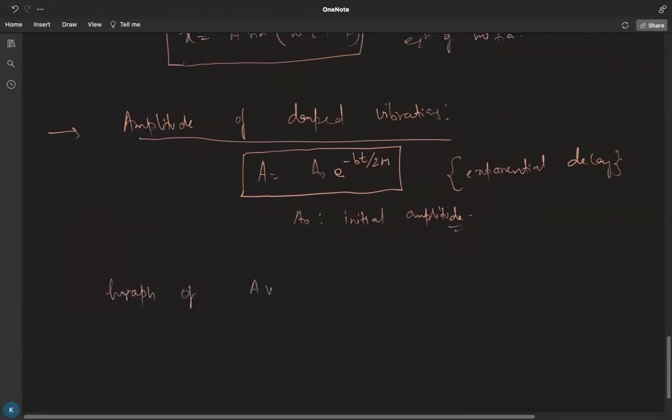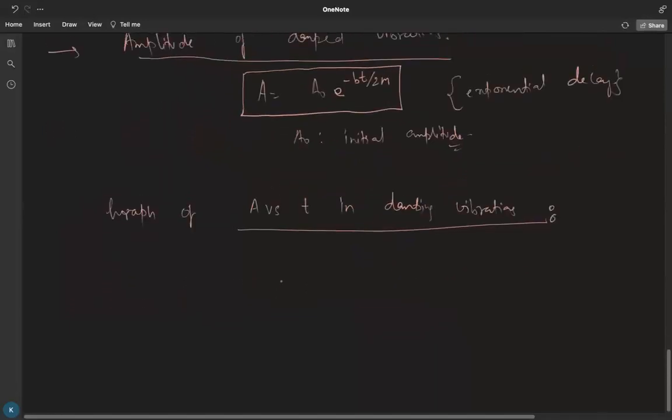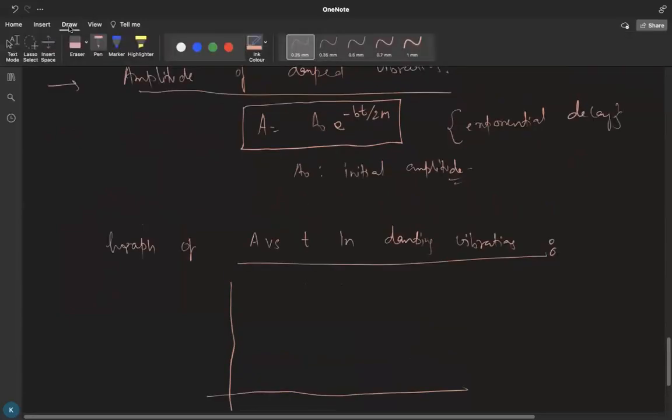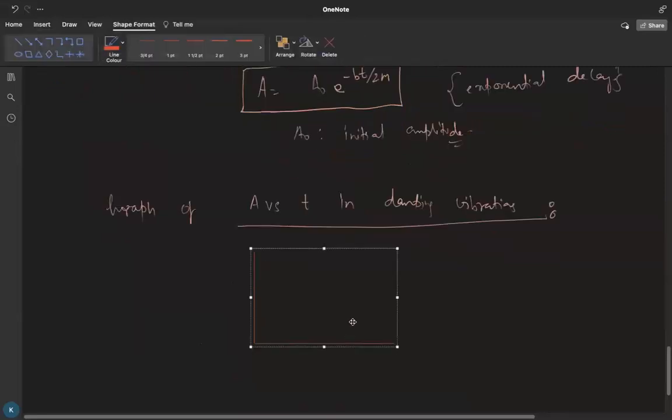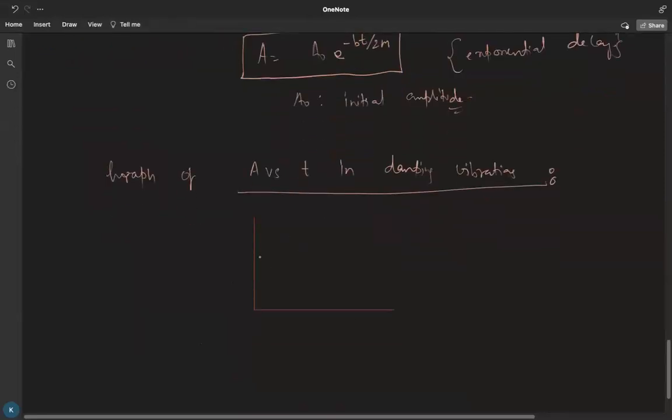If you look at the graph of A versus t in damping vibration, it looks something like this. Let me make it in a clean way. Let us consider this axis representing A, and this axis representing time.